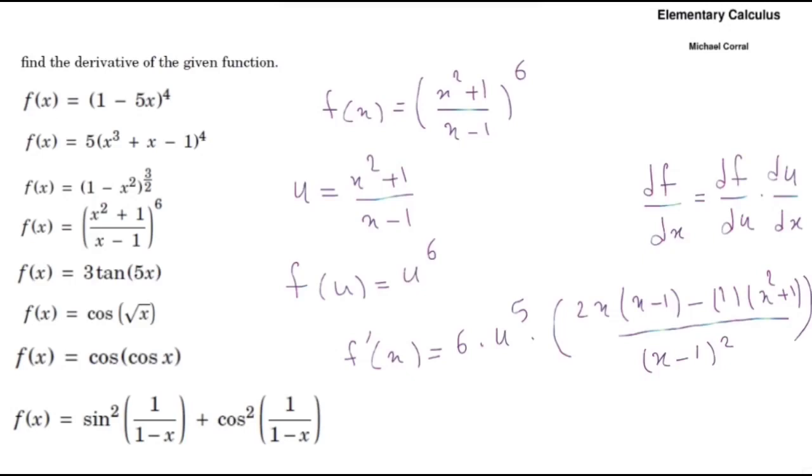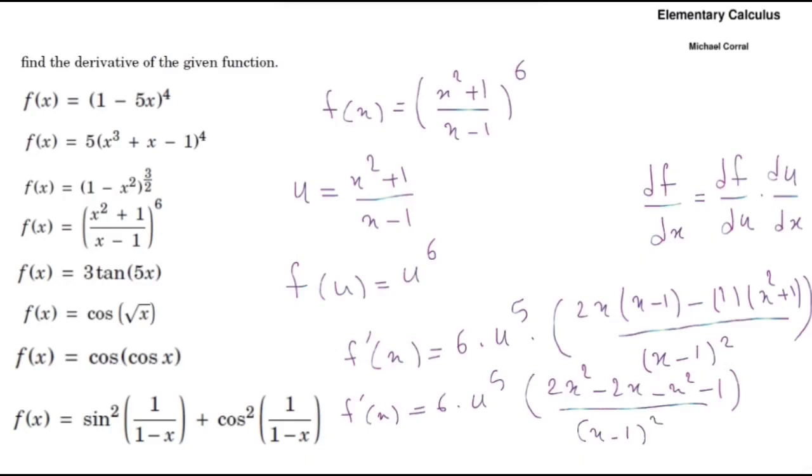So f prime of x equals 6 times u to the 5th power times (2x squared minus 2x minus x squared minus 1) over (x minus 1) squared.